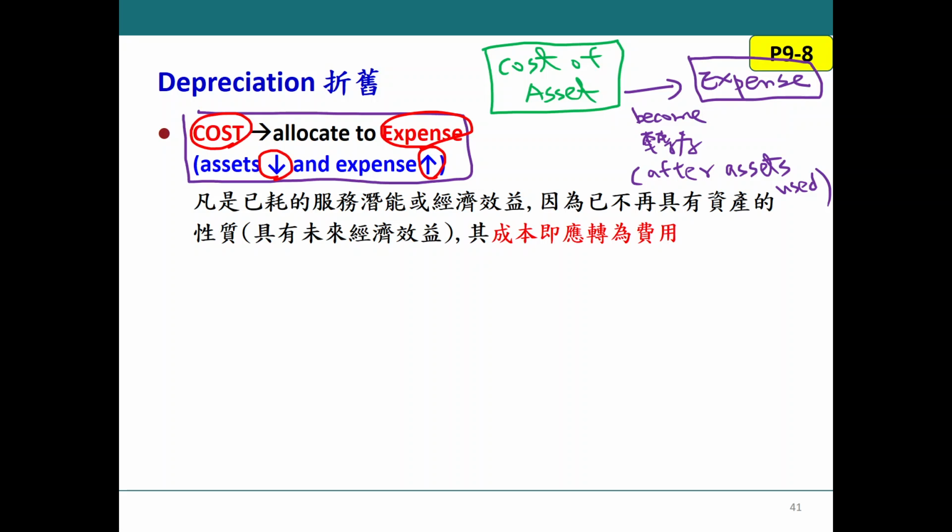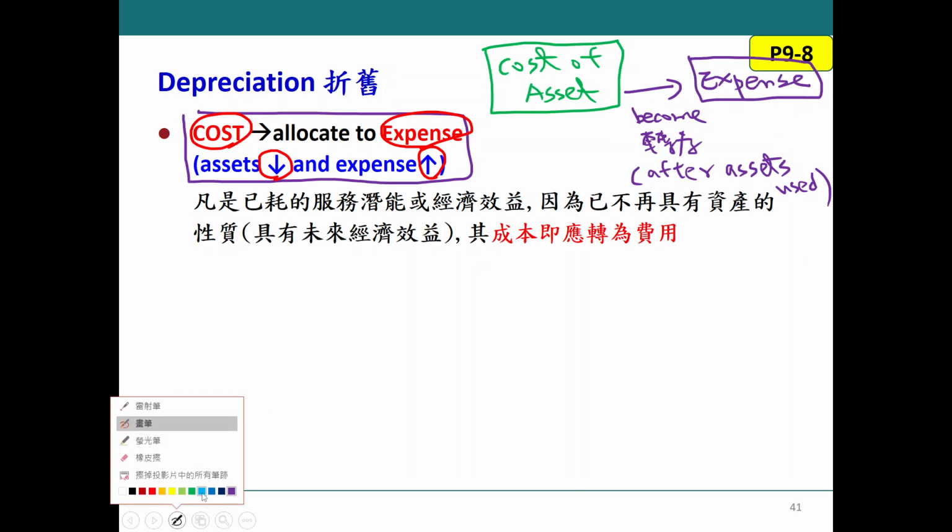Assets used, no future economic benefit, right? So they will become your expense. So remember, we tell you the whole process. Assets decrease, become your expenses. So assets decrease, expenses increase. Assets decrease. Why?